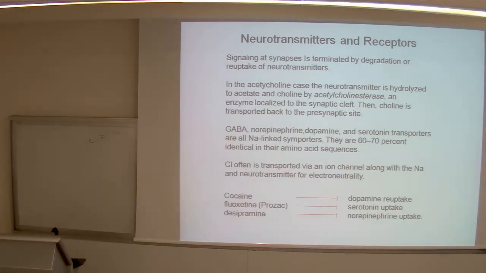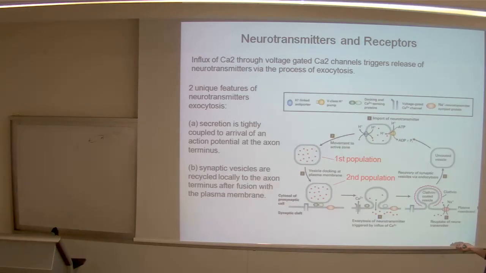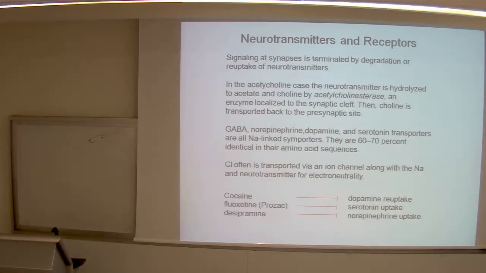So, yes. Do all types of neurons have all three types of removal of neurotransmitters? Well, I would say yes, in different ratios. Because even the acetylcholine case, which I know best, after it is hydrolyzed at the synaptic cleft, I think I've even written it here. Yes.